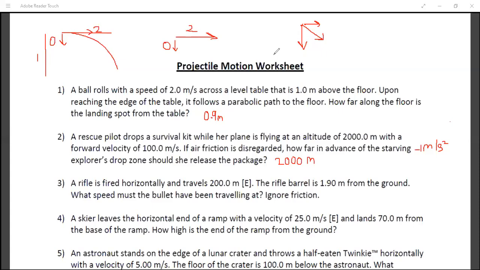Acha, we use this retardation just for the horizontal velocity. Yes, for horizontal. So u will be 100, and the acceleration will be minus 1. Time t will remain the same. Yes, sir. Okay. And you will be using the formula s is equal to u t. And you got the answer as 1800.